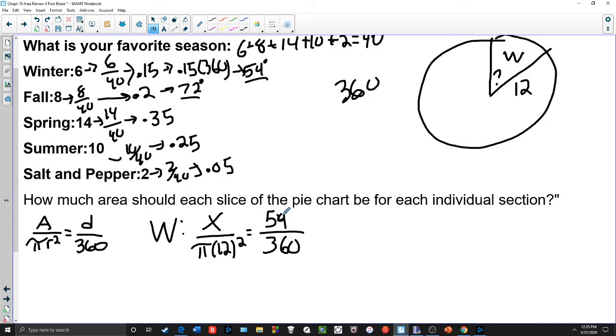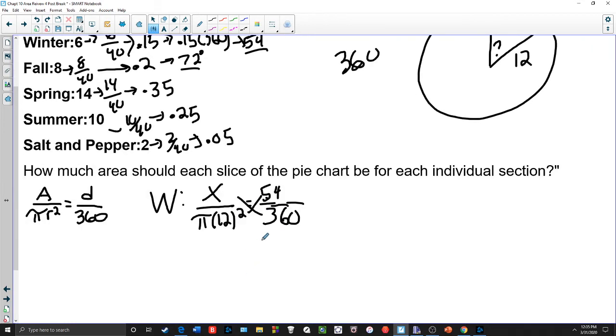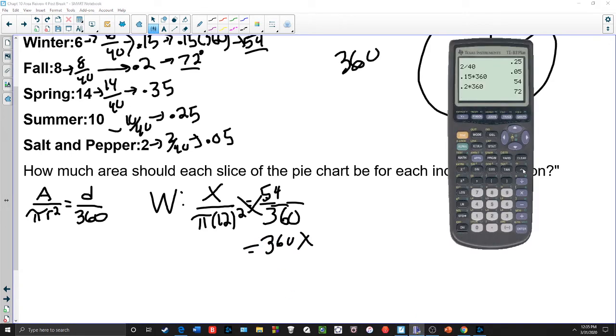54. And then we cross multiply and divide. So 360x is equal to, if we multiply this out, pi times 144, which is what 12 squared is, times 54.